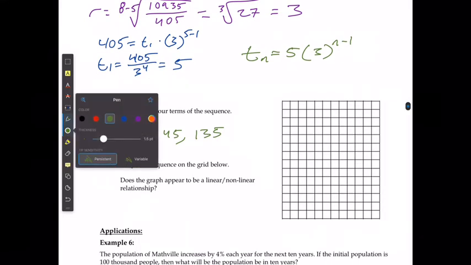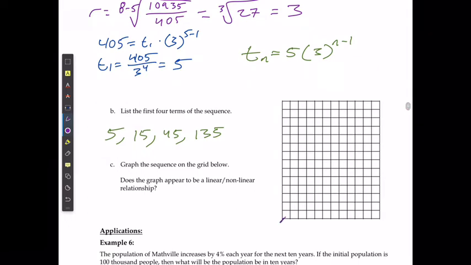I'm going to graph out this sequence and say that I'm starting at 0. This is going to be my Tn, and this is going to be my n value. I can see that I get up to 135 here, which means that I'm going to make every line worth 10, or every second line 20.